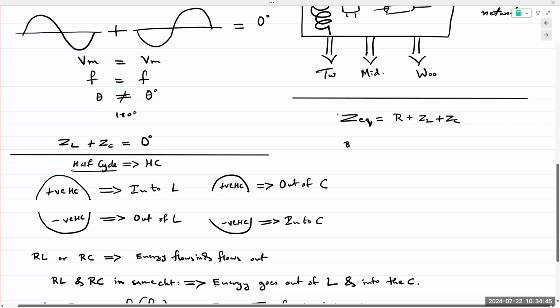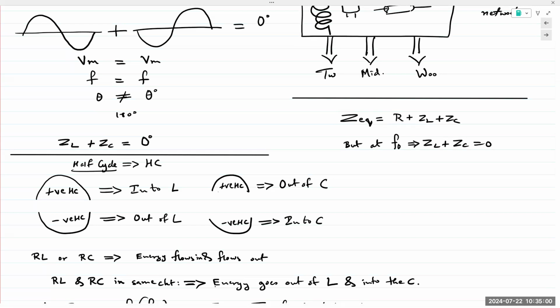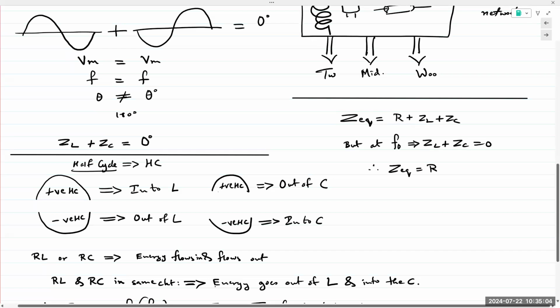But at resonant frequency, F0, ZL plus ZC goes to 0. And therefore, total ZEQ is simply equal to the resistor R. That's the lowest equivalent impedance in the circuit, and hence the output goes to maximum.